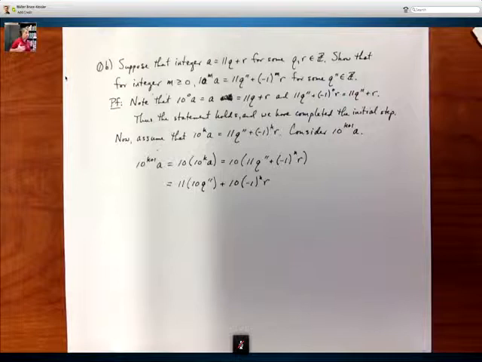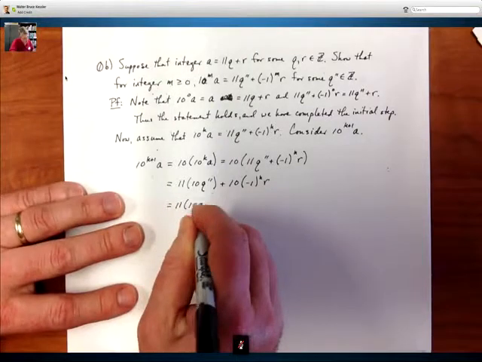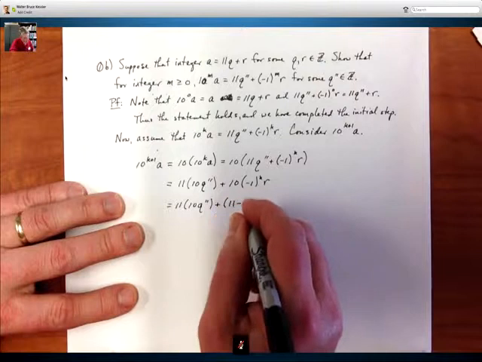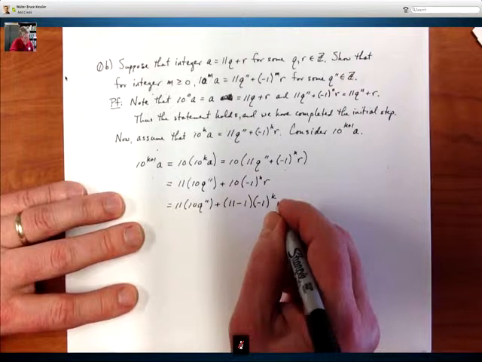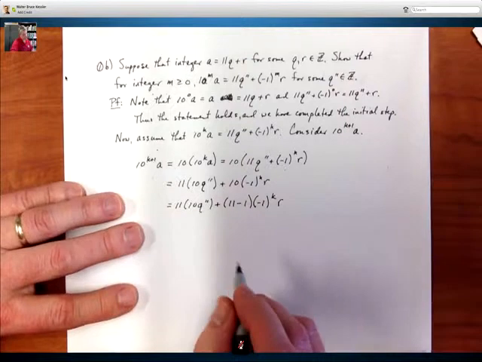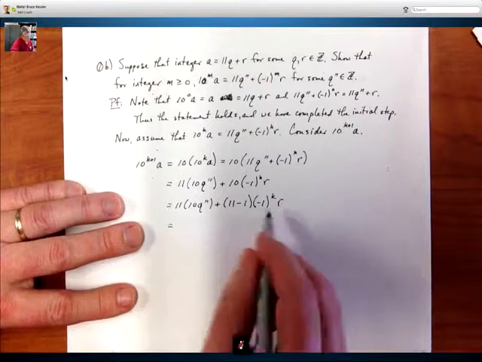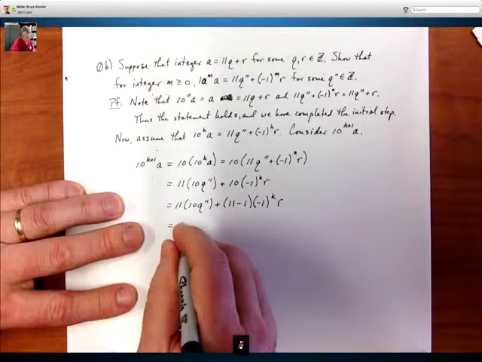I'm sorry, let me say it the right way. 10 is 11 minus 1. So 11 times this, I'll leave that alone. But here I've got 11 minus 1 times a negative 1 to the k times r. Alright? So I've got to take this business right here and distribute through the parentheses.